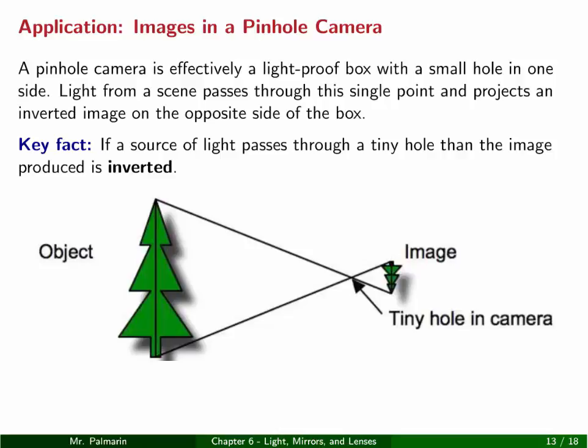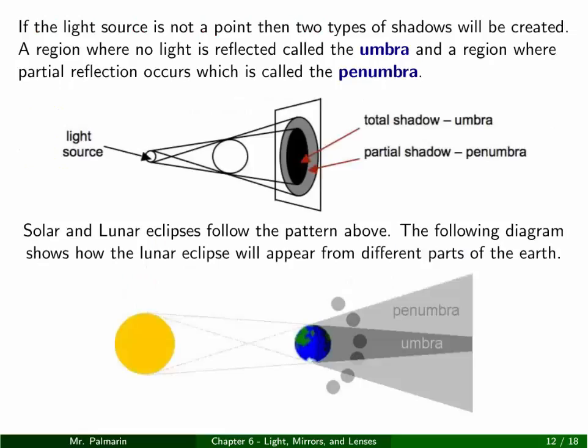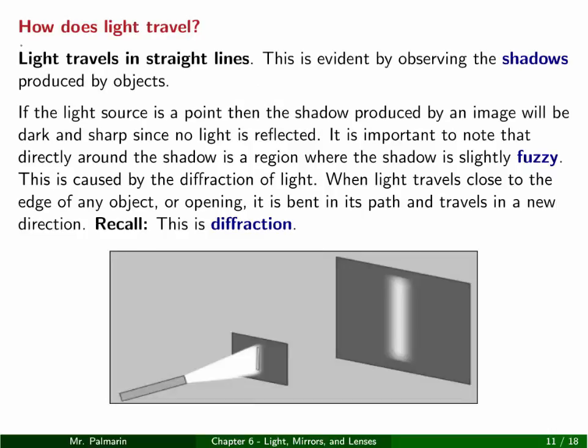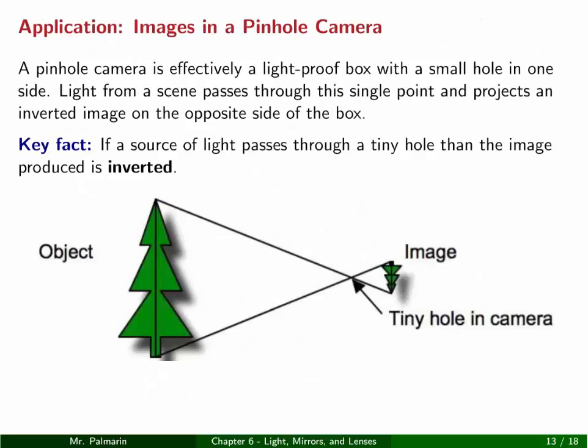So here we go, images in a pinhole camera, and this is going to take advantage of one little fact here that you should underline, or I already have it bolded, is that light travels in straight lines. This is an important property to commit to memory, because when it reflects off things, you can predict where it will hit, and because of this you can capture light onto a screen to get an image.